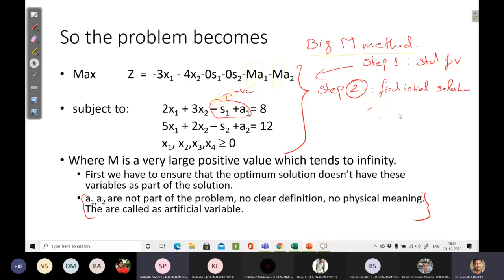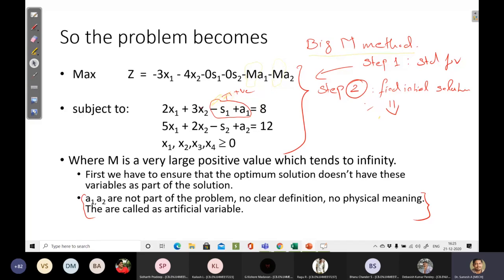X1 and X2 equal to 0. But here you can see you have two more sets of variables, S1, S2 and A1, A2. So S1 also we can put 0. Which of these do you have to give the priority? The priority, as is told over here, A1, A2 are not part of the problem.